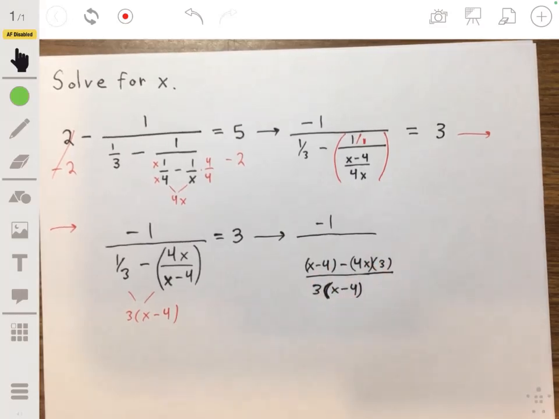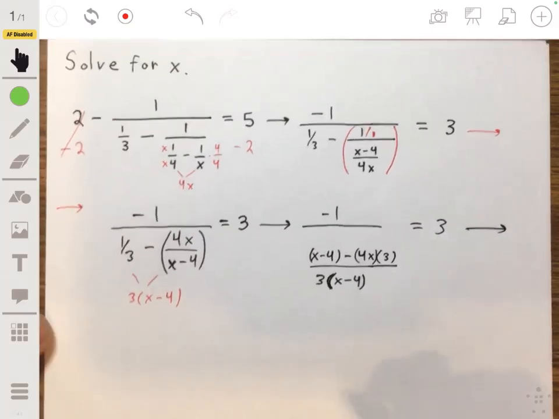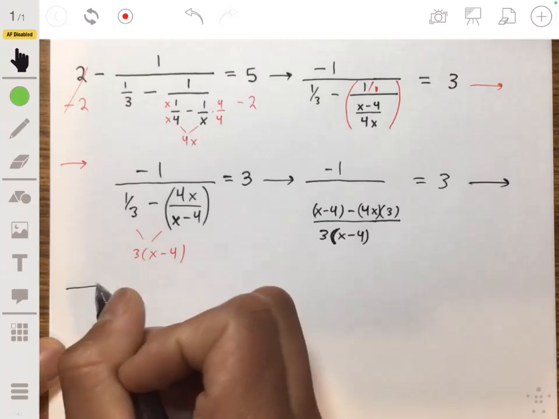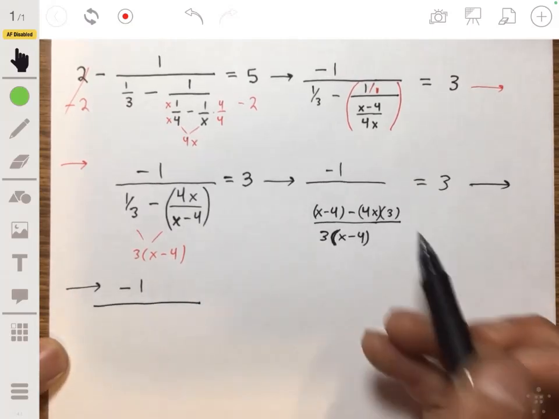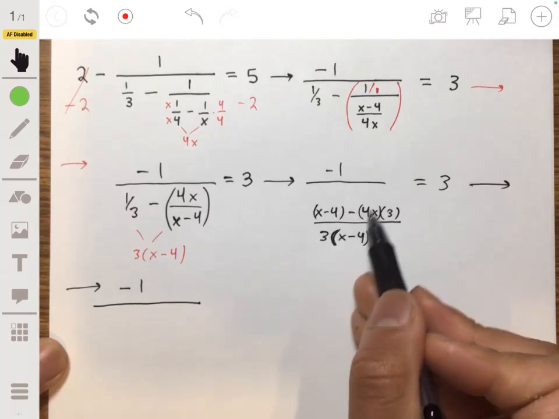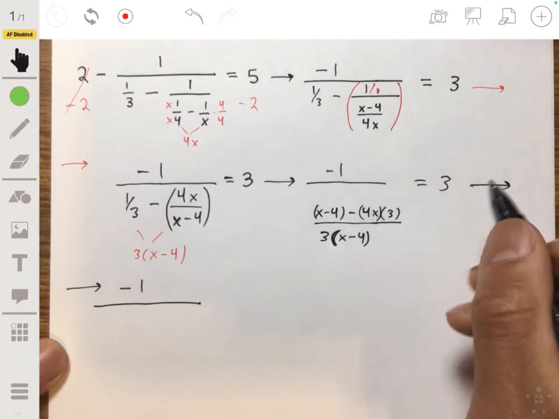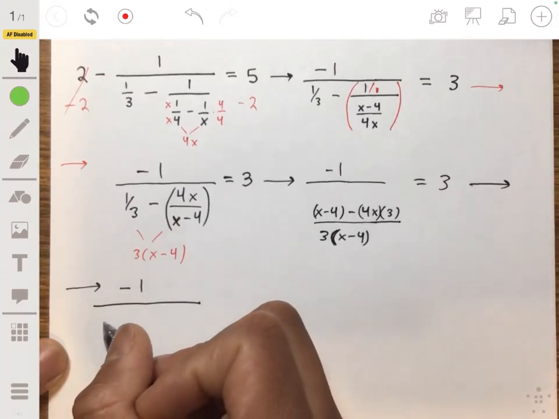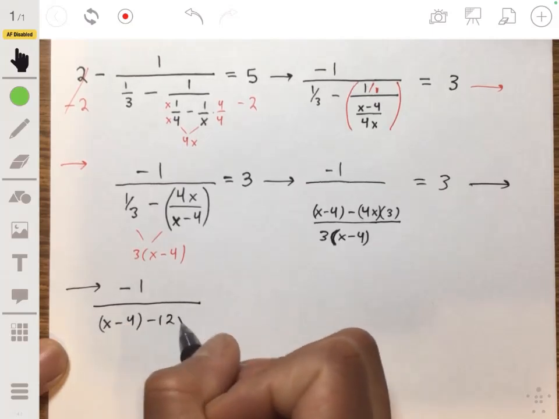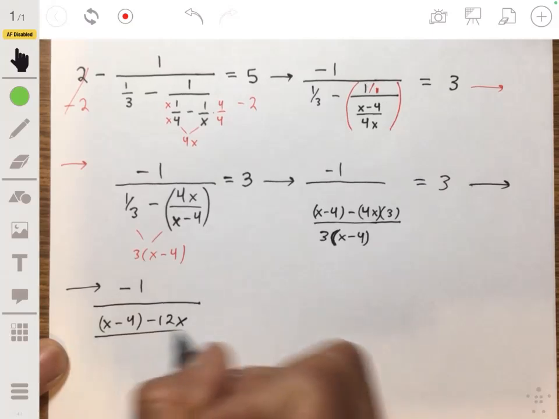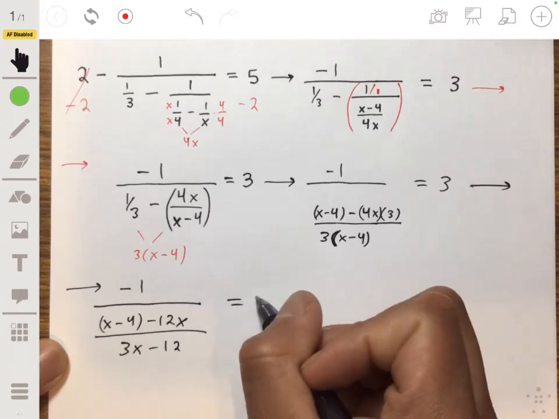Now let's clean this up. So remember, this is all equal to 3. So we get -1 all over, and we get x minus 4 minus 12x, all over 3x minus 12, all equal to 3.